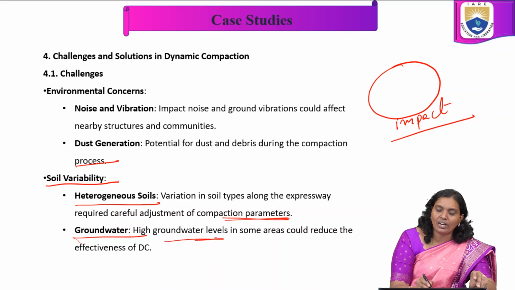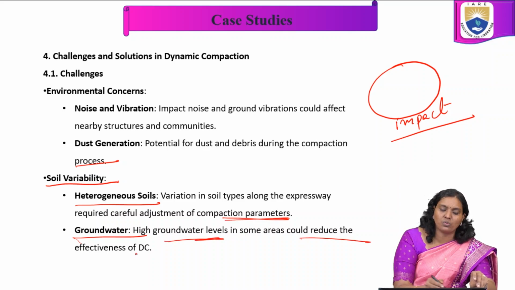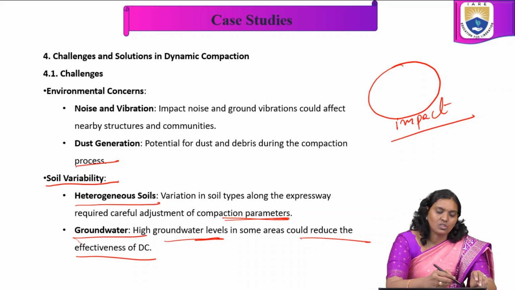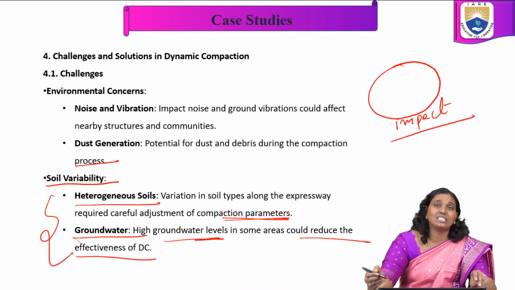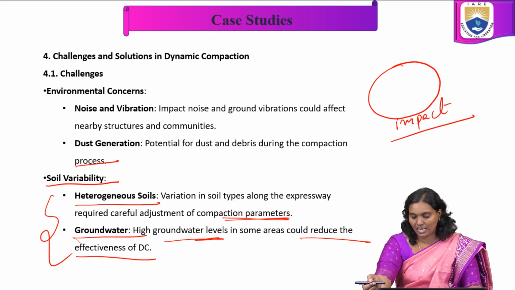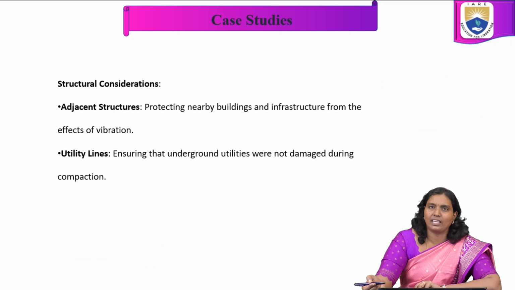And high groundwater levels in some areas could reduce the effectiveness of dynamic compaction. So this soil variability is also one of the challenges we face whenever we choose dynamic compaction as a ground improvement technique. In structural considerations, we have to understand the adjacent structures and utility lines.